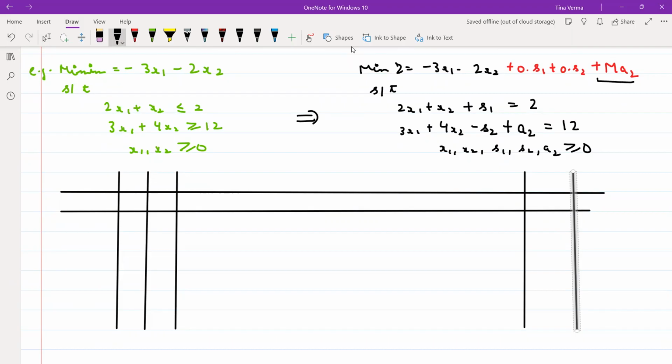But here is the main role. If you have a minimization objective function, you add plus M into A2. But if you have a maximization objective function, then you will do minus M into the artificial variable, right?